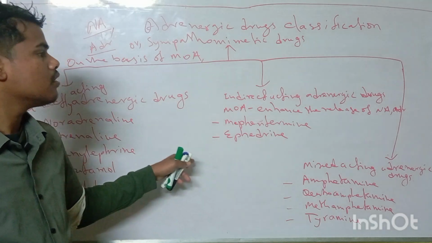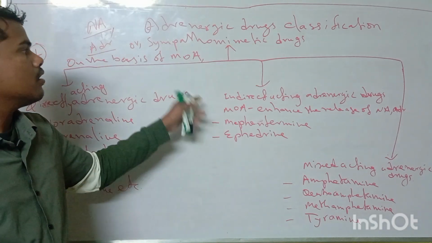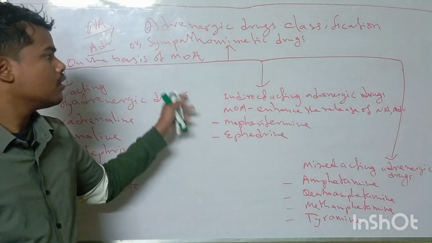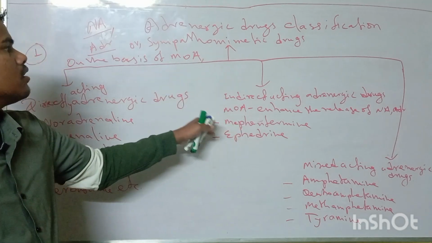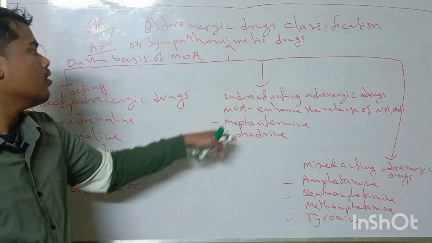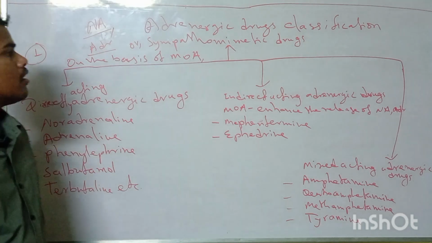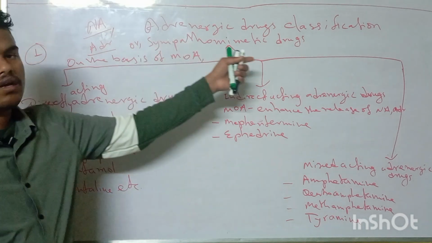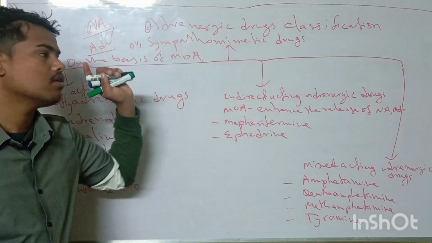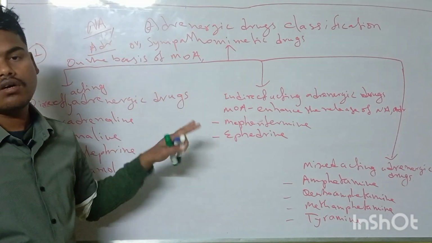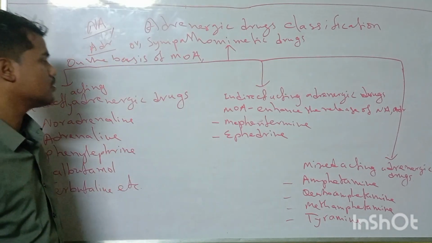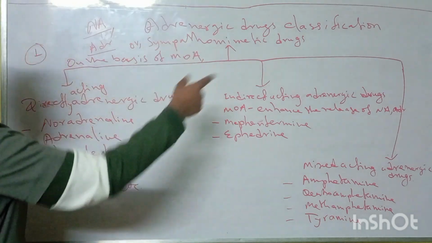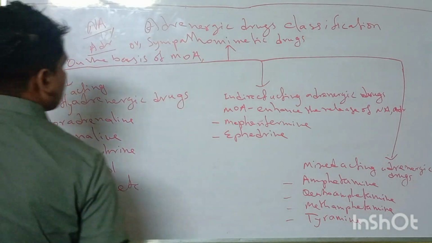For long questions, the next classification that we are going to learn hereafter will be asked in your university examination, pre-university examination or any internal examinations. So let us see another classification.